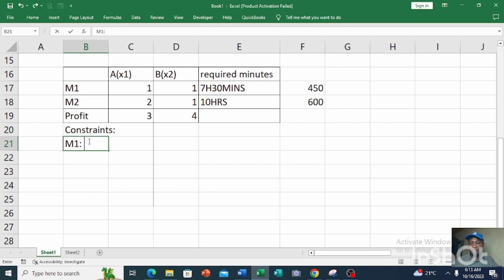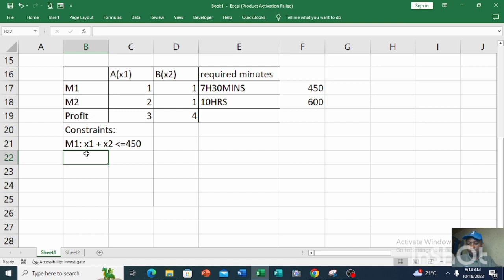So with machine M1, we are going to have x1 plus x2 should be less than or equal to 450.